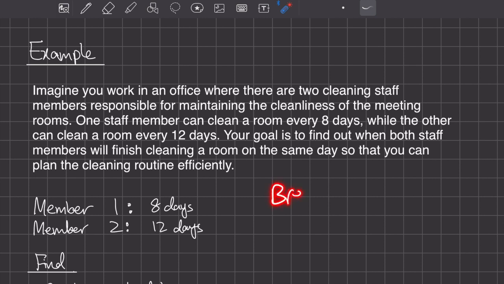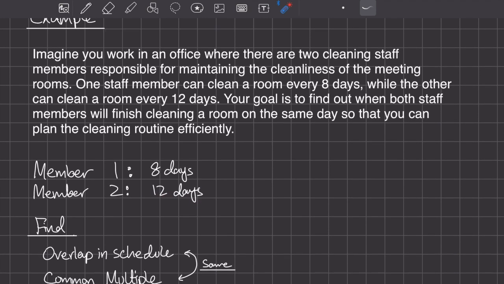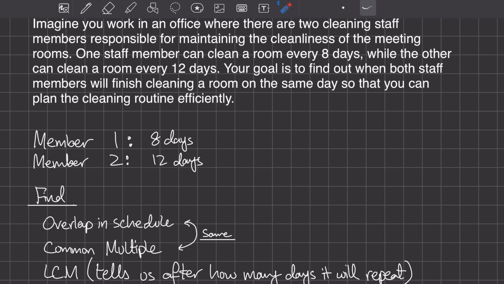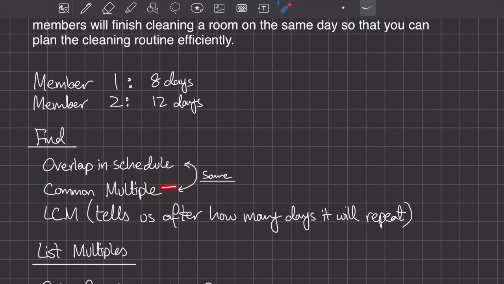To solve this, first we extract the key information. Member 1 cleans the room every 8 days, and Member 2 cleans the room every 12 days. And we need to find when both the members will clean the room together, or an overlap in their schedules, which is basically asking us to find common multiples. Therefore, we start by finding the least common multiple.